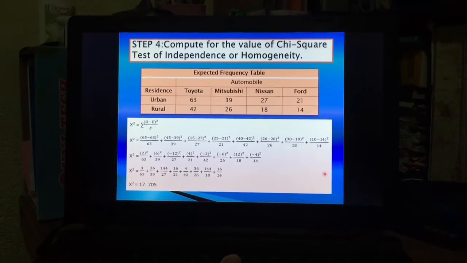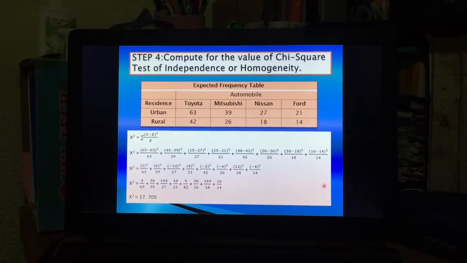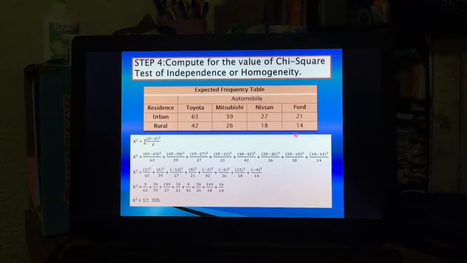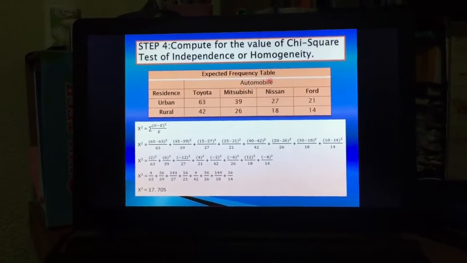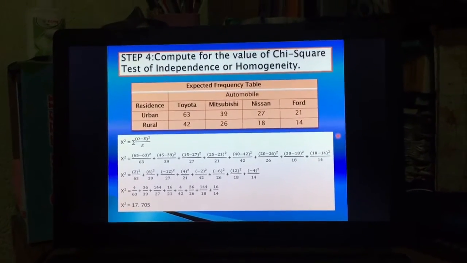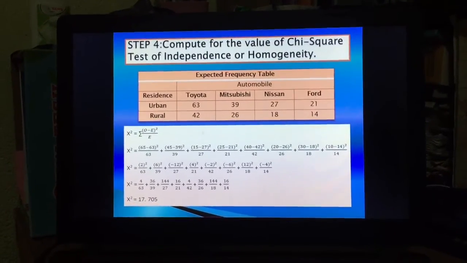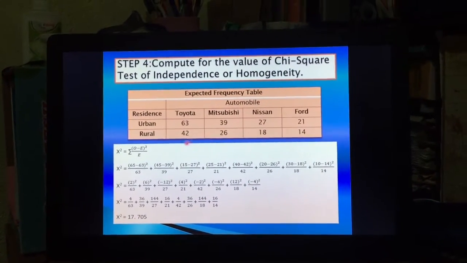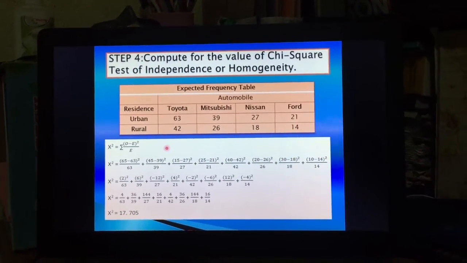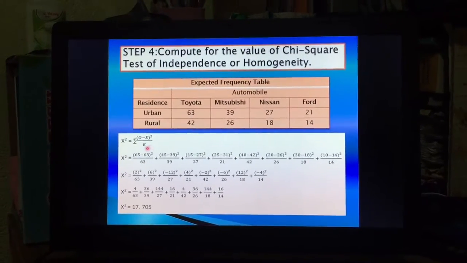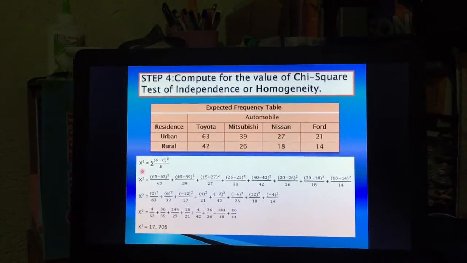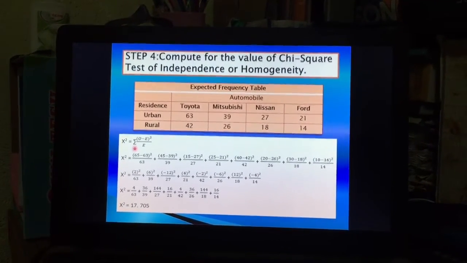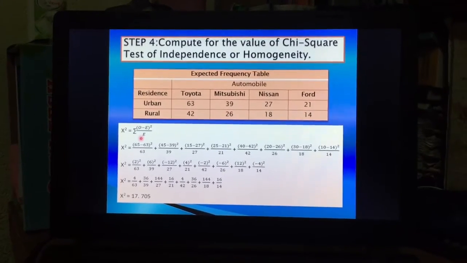Step number 4. Compute the value of the chi-square test of independence or homogeneity. We are going to create first an expected frequency table, based upon our answers in step 3. So let's solve for the value of the chi-square test of independence. We have here the formula: chi-square is equal to the summation of observed value minus expected value squared, all over expected value.